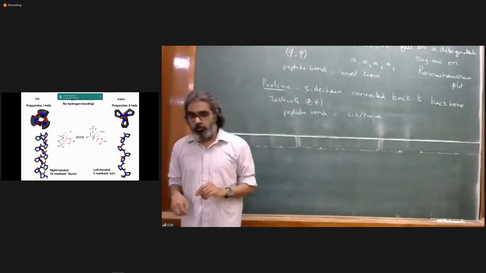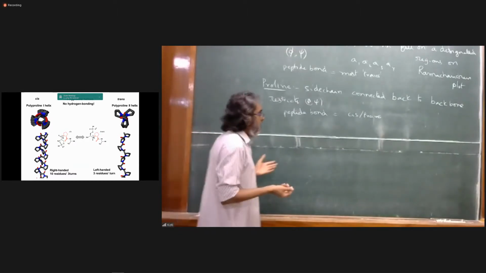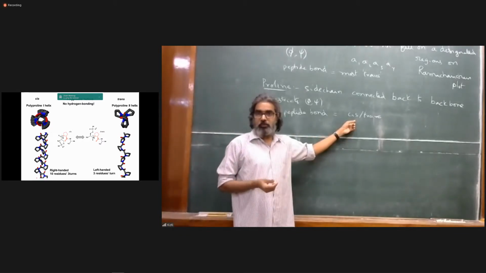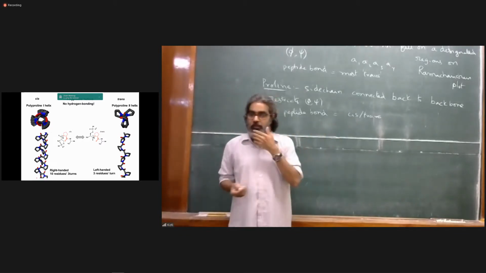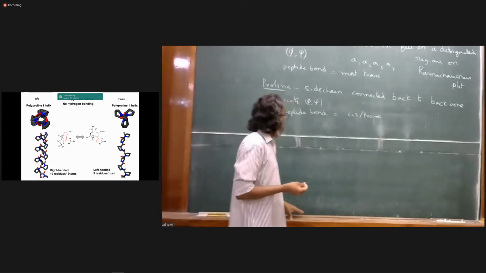If you open the PDB structures and map all prolines, more or less proline can be in cis and trans with almost equal certainty, and this is an important parameter, especially in protein folding.